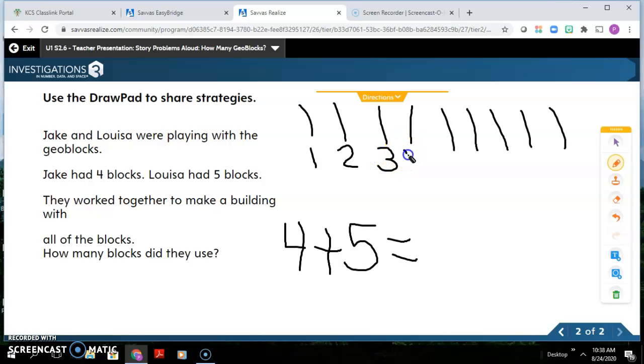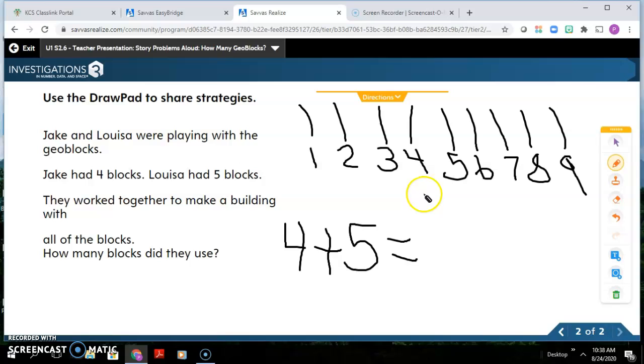It's always good to write your numbers underneath to make sure you haven't made a mistake of putting too many or not enough. Okay, so this time we have a sum of 9. Okay, that's one strategy, and that's called counting all.